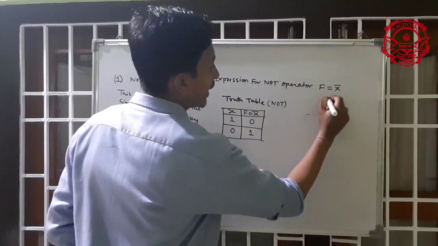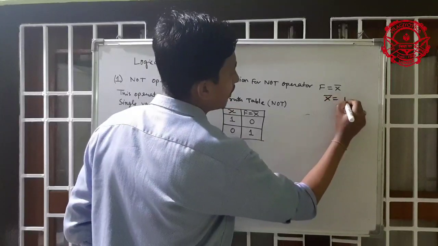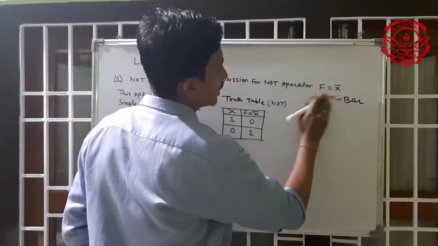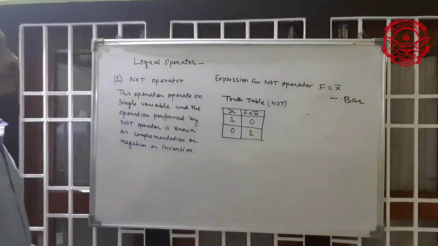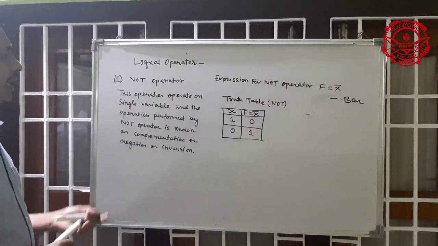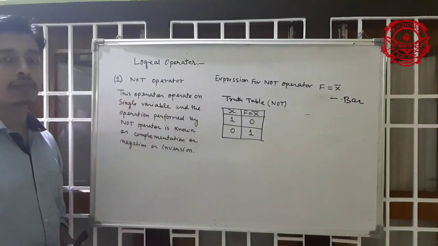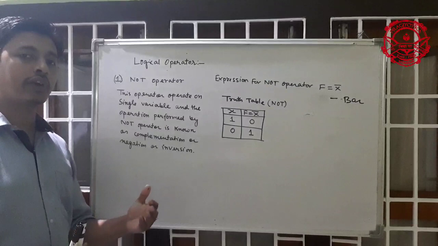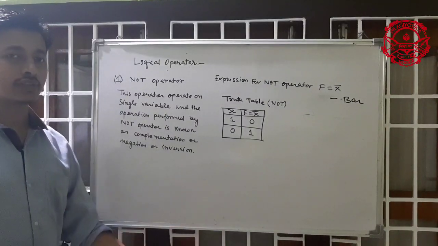So the expression is x bar. It is called bar. Now you can see it is a single operator, meaning it operates on a single variable. It requires only one variable to perform the function.